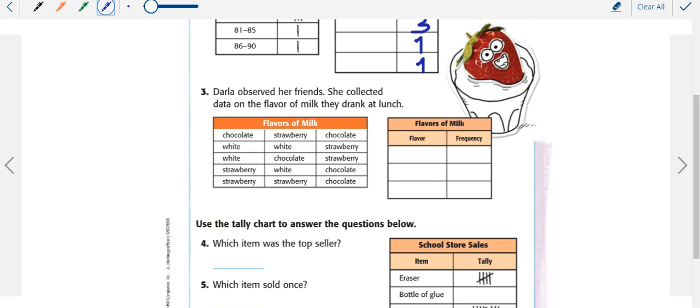Now, we are going to first write the flavors of milk, and then we are going to write the frequency or the votes. Now, let's see. What are the flavors of milk? Chocolate. We have strawberry. We have white. And there's only 3, right? So here you're going to write chocolate.